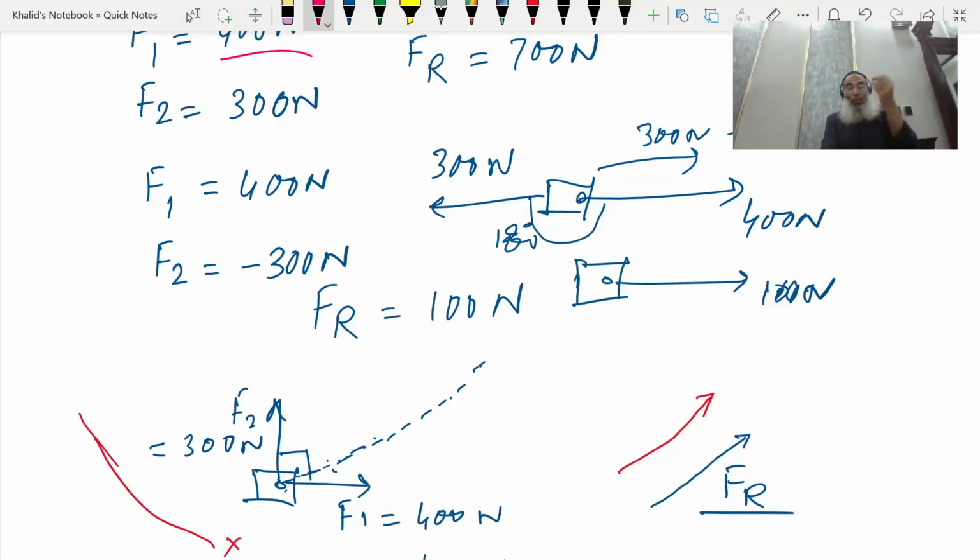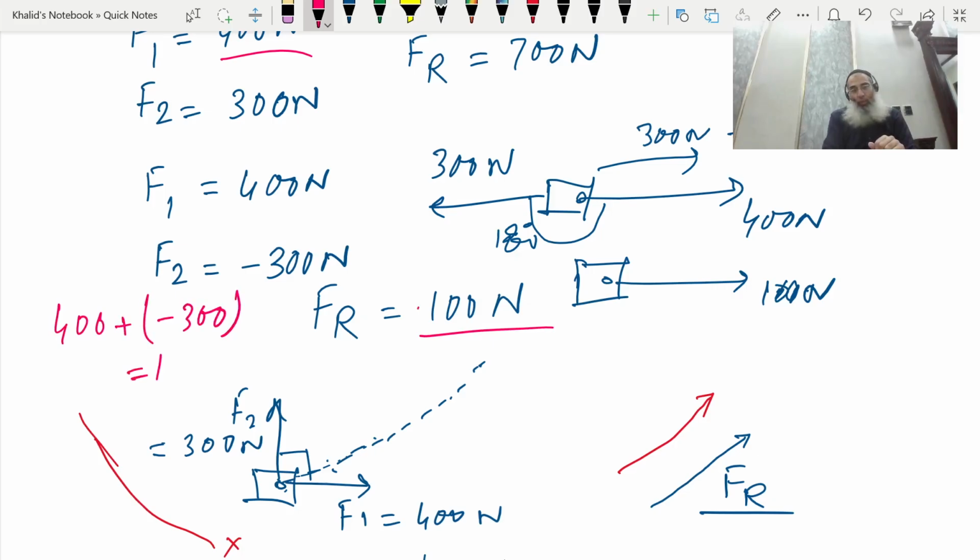But 300 Newton of the 400 will be used to cancel the effect of the 300 Newton force, and the remaining 100 Newton force will actually force the body to move in its own direction, towards the right. So that is the resultant force. In this case, the resultant is 100 Newton. So mathematically, it's 400 plus minus 300, that is equal to 100 Newton.